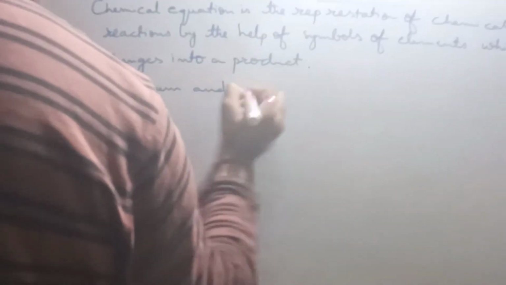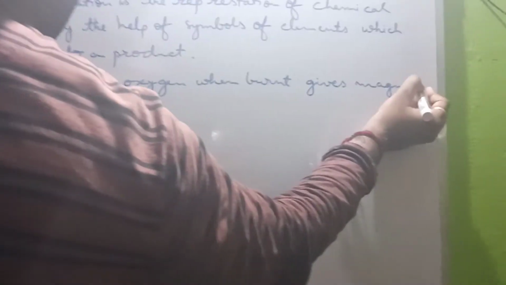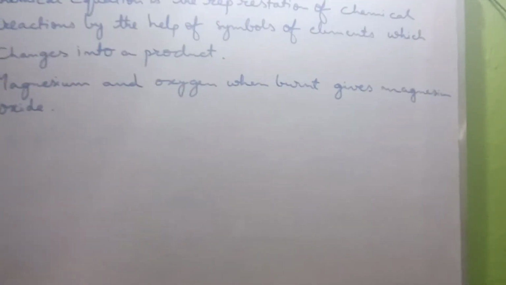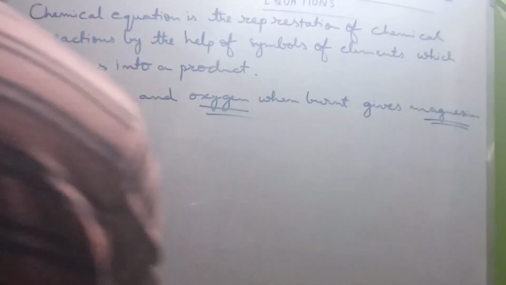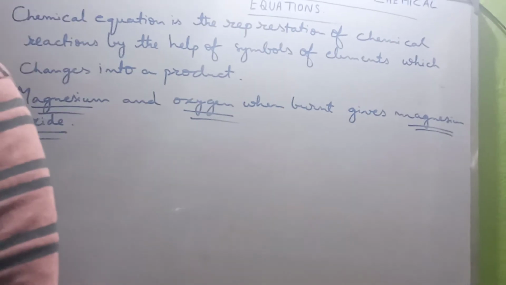So mainly the difference lies here, as we were talking about, like magnesium and oxygen when burnt give magnesium oxide. Here magnesium and oxygen are the elements which are added together to give a product, a new substance which we call magnesium oxide.